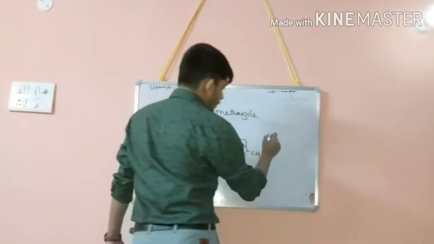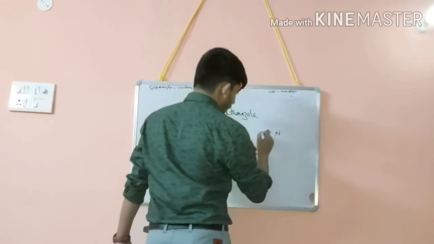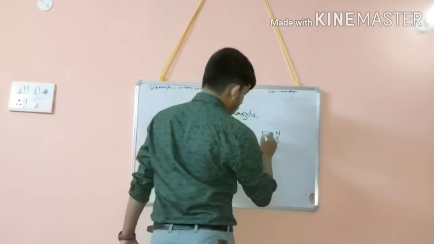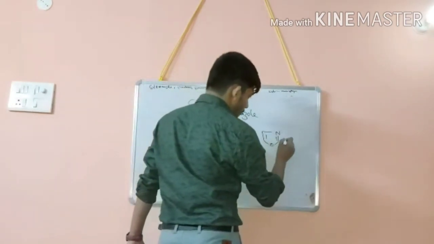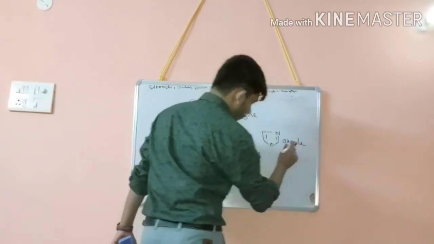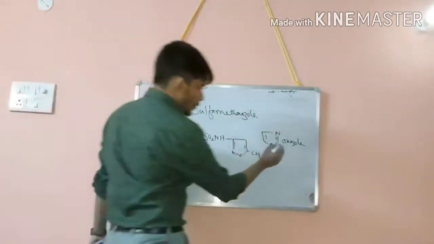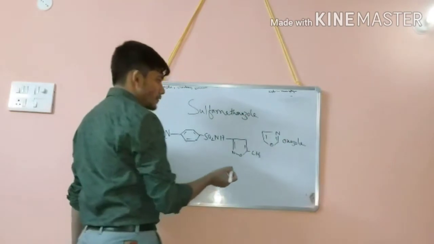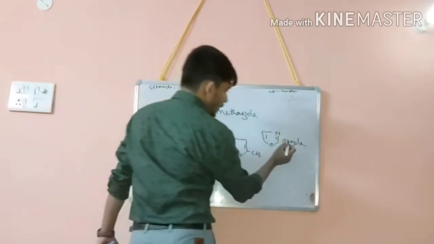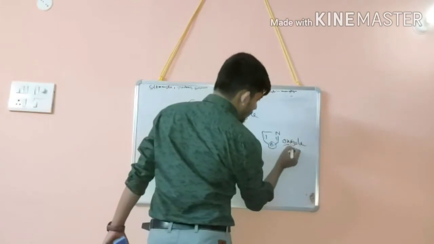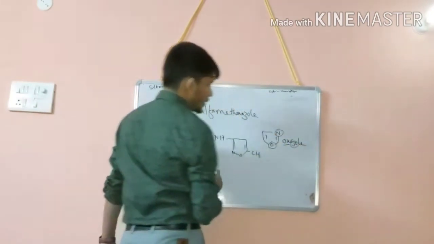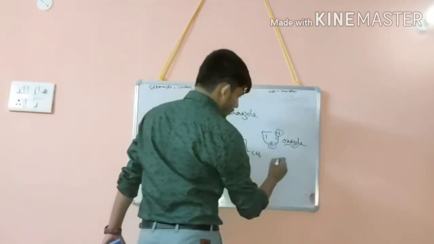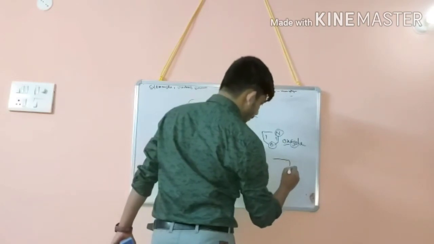This is the structure of oxazole. Why is this oxazole? It is a 5-membered ring, so the suffix is -ole, if you remember from the nomenclature of heterocyclic compounds. Here ox is due to this oxygen, azole due to nitrogen, 5-membered and with unsaturation. So oxazole. One more structure I am drawing.